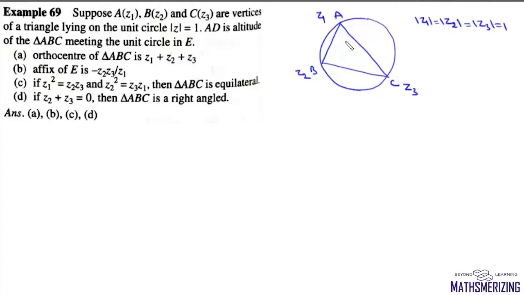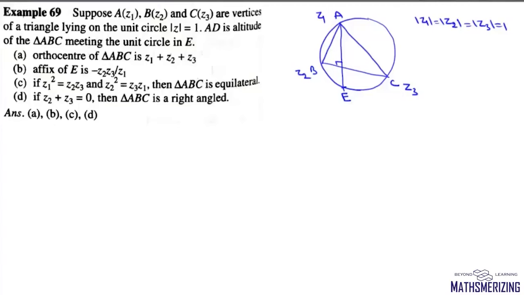Now it says if AD is the altitude of this triangle and it meets this unit circle at E, then the first question is, the orthocenter of this triangle ABC is.